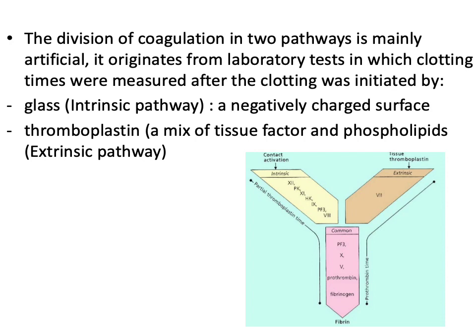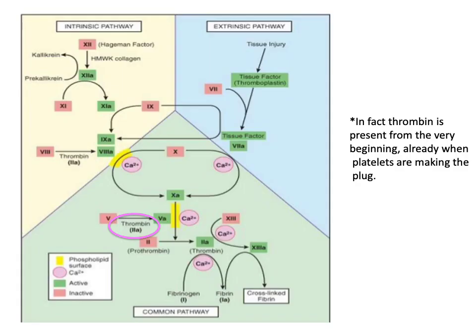The division of coagulation into two pathways is mainly artificial. It originates from laboratory tests in which clotting times were measured after the clotting was initiated. The first one, by glass, which provides a negatively charged surface, we call the intrinsic pathway, and the other one, due to addition of thromboplastin, which is a mix of tissue factor and phospholipid, we call the extrinsic pathway.